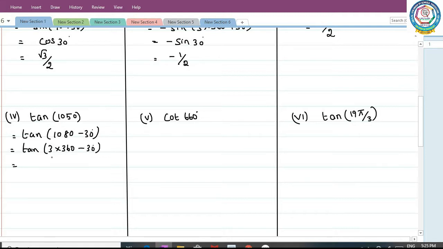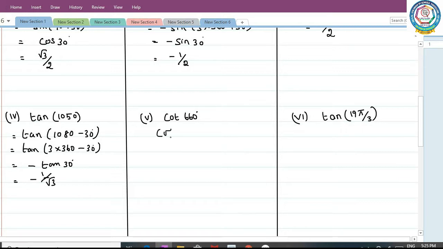Tan of 360 minus theta is equal to minus tan theta. So, minus, what is tan 30 value? That is equal to minus of 1 by root 3. Here minus is there.